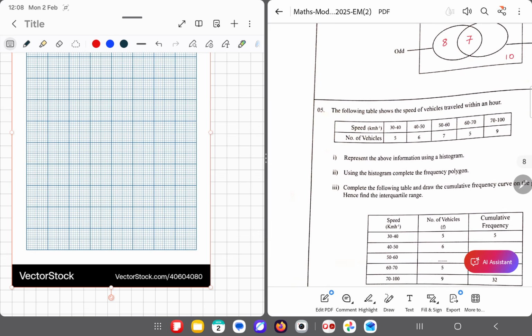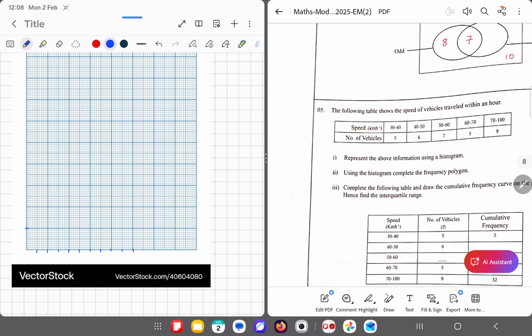So 10, 20, 30, 40, 50, 60, 70, 80, 90, 100. And we'll take maximum number of vehicles 9.